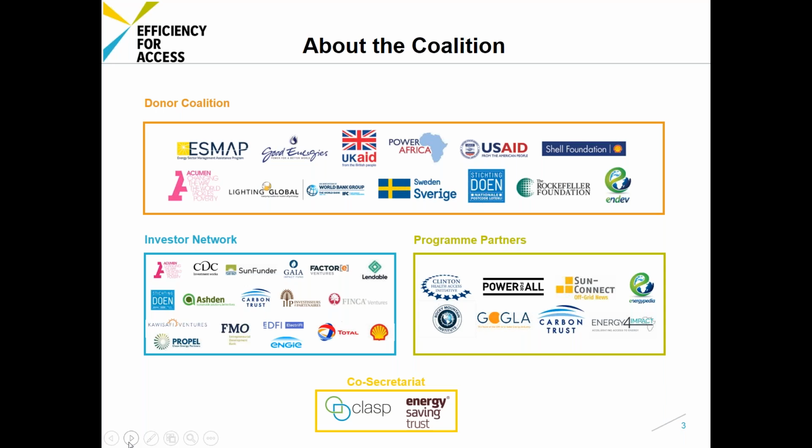And we have program partners that we also work with. And the co-secretariat is made up of the Energy Saving Trust, which is the organization that Chris and I work for, and CLASP, which is a specialist energy efficiency organization. And so together, the co-secretariat manage the coalition and coordinate the members and the activities within it.